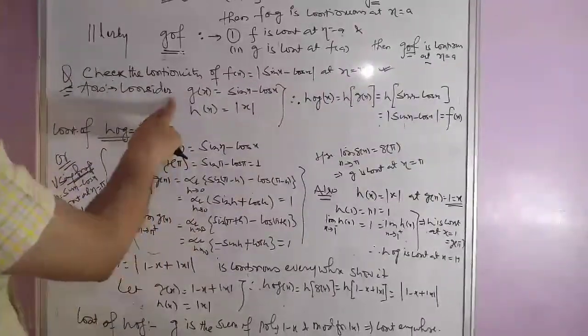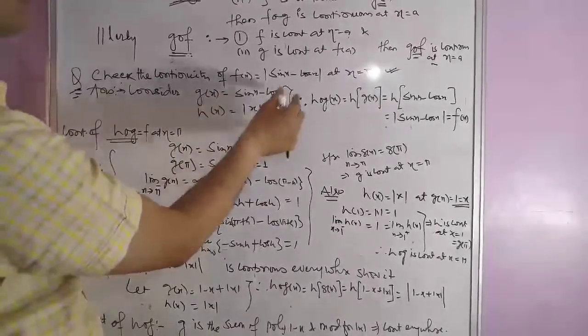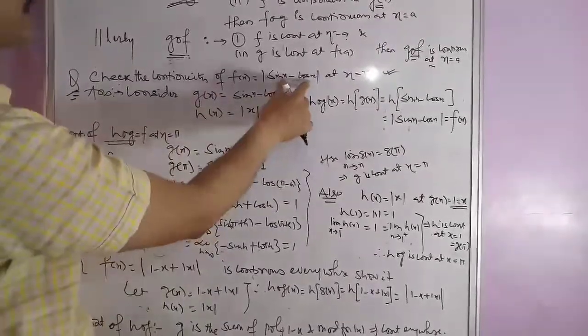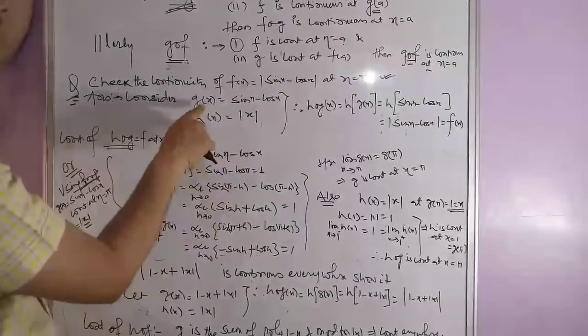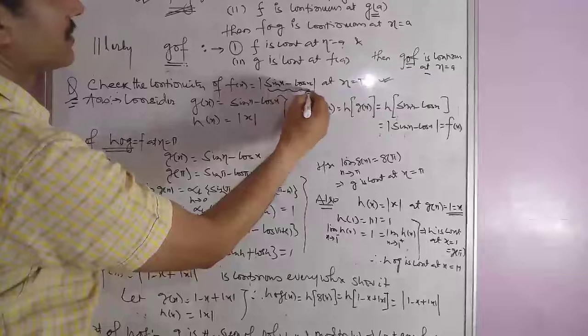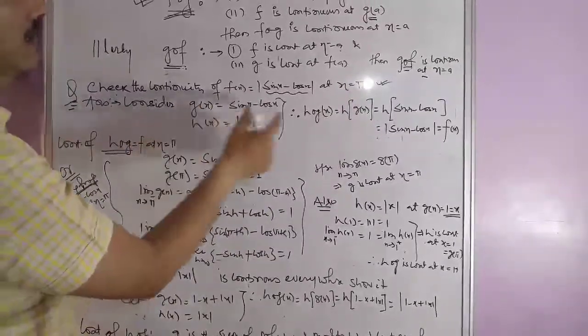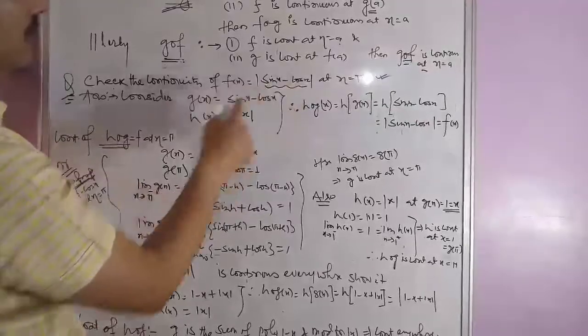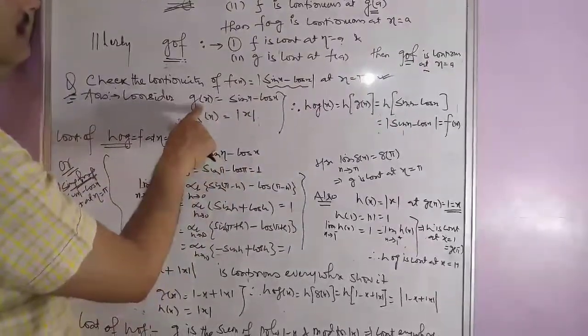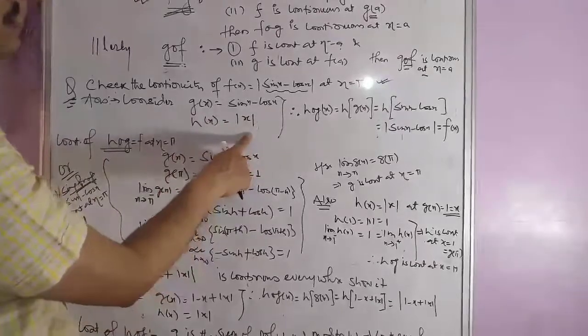Here we use composition of functions. We consider f(x) as mod of sin x minus cos x. We denote the expression sin x minus cos x by function g(x) and the outer function mod by h(x). Here g(x) equal to sin x minus cos x and h(x) equal to mod x.